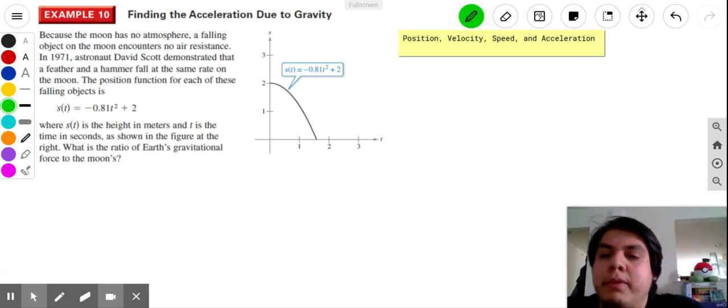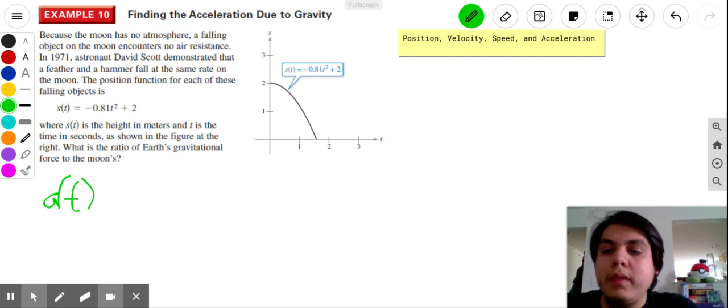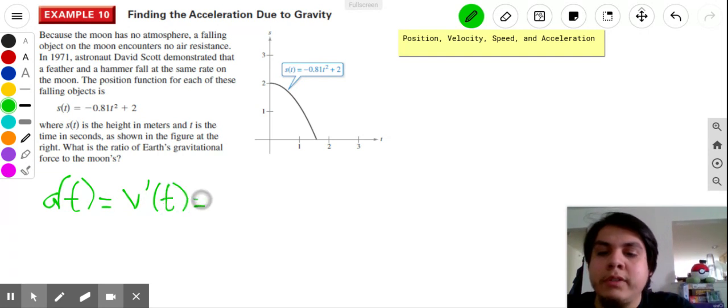Luckily, I remember that a of t, my acceleration, is equal to the derivative of velocity, which is also the same thing as the second derivative of position.